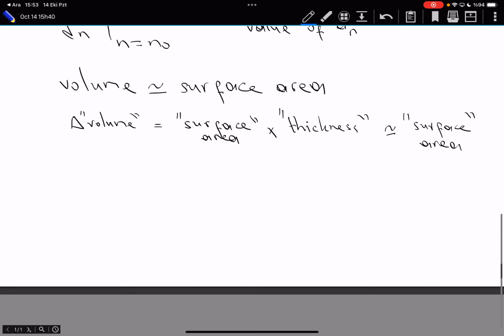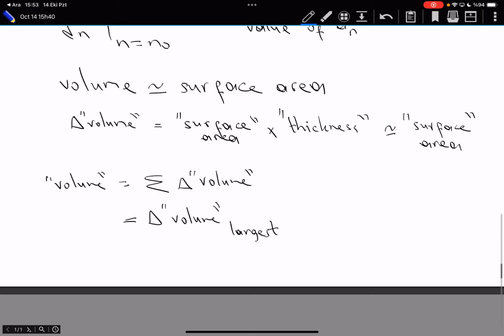The volume is nothing but the sum of the incremental volumes. We just said that this sum is dominated by the largest increment in the volume, because the numbers will be 10 to the power n. And this is nothing but the surface area.